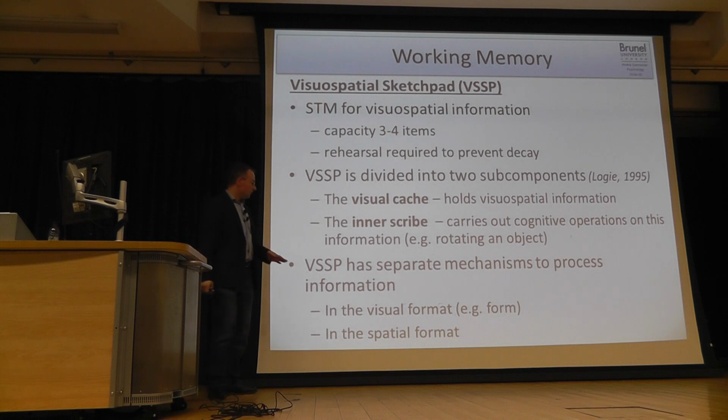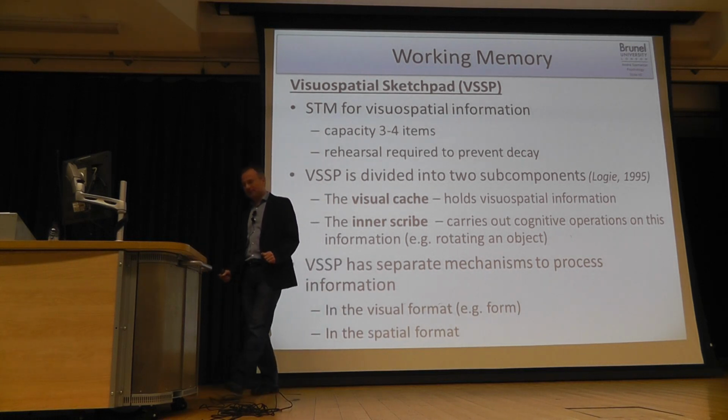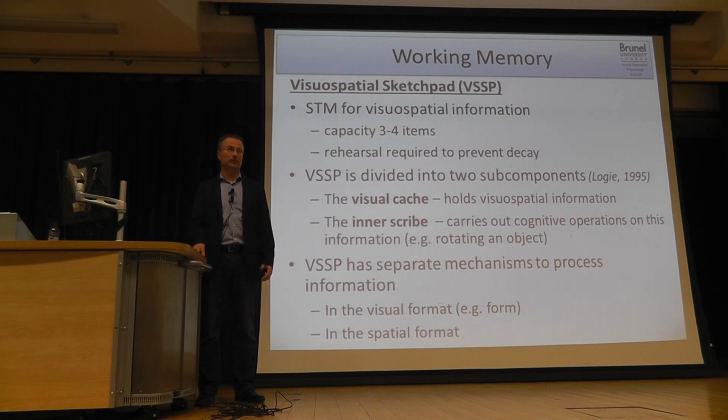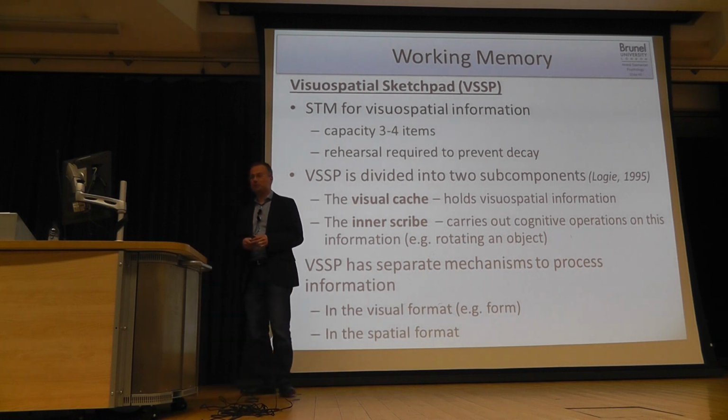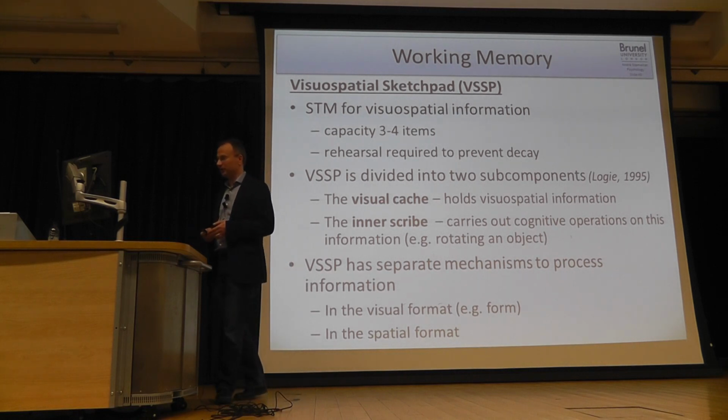And to investigate that, you want to make sure that people can't encode the visual thing verbally. So if you just present them squares and triangles, they will just say, okay, I've seen a square, and remember square, triangle, square, triangle.